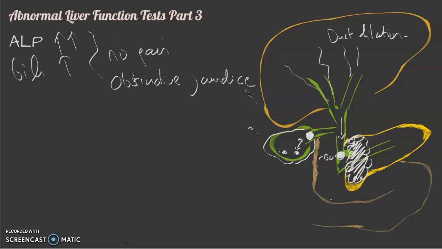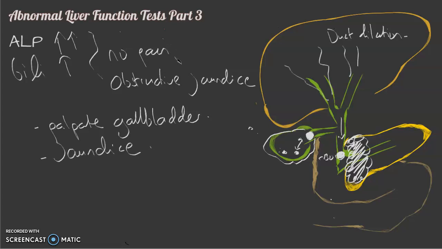There is something called Courvoisier's law. When you're doing an examination and you can palpate a mass, if you can palpate the gallbladder and there's jaundice, then it's unlikely to be gallstones.